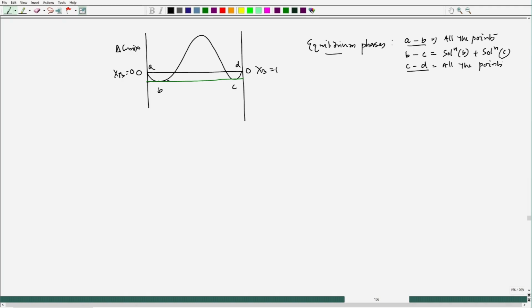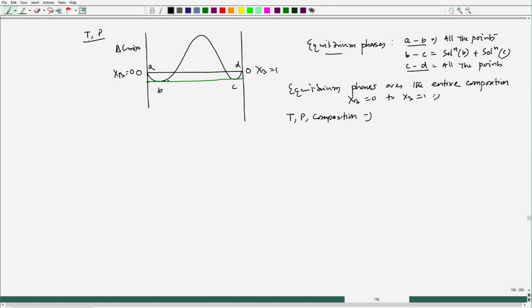So, if I try to see the equilibrium phases over the entire composition range x b equal to 0 to x b equal to 1, and here it is the space where it is talking about pressure, temperature and composition, because I have kept temperature and pressure constant.